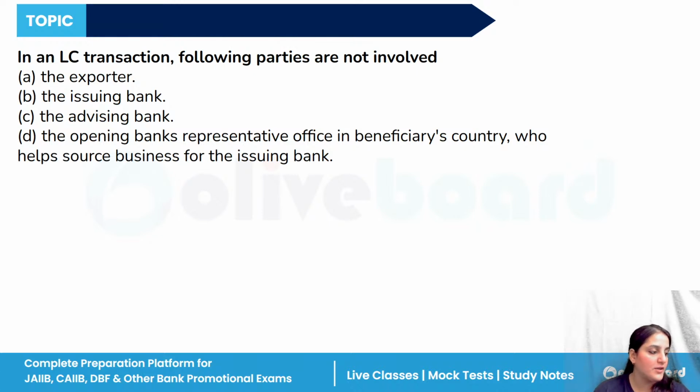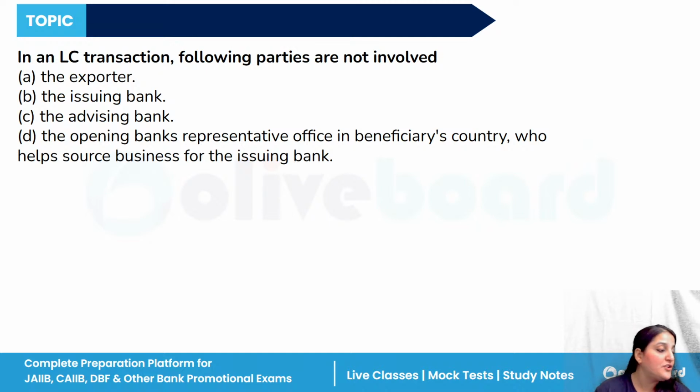See, if we talk about the exporter, the party is involved as the beneficiary of the LC. The issuing bank is the bank that issues the letter of credit on behalf of the buyer. The advising bank advises the beneficiary of the LC, confirming the authenticity.